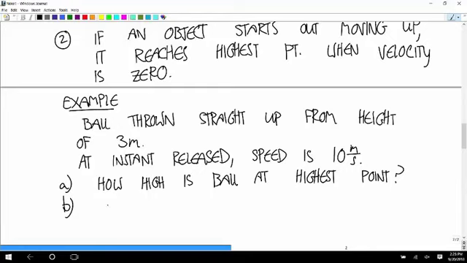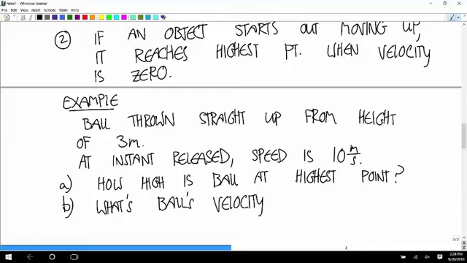Second, let's say what's the ball's velocity? So it's going to be launched up from 3 meters in the air. It's going to get to its highest point.